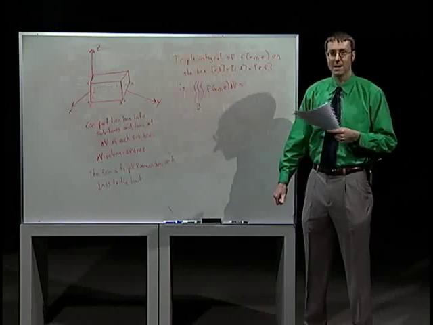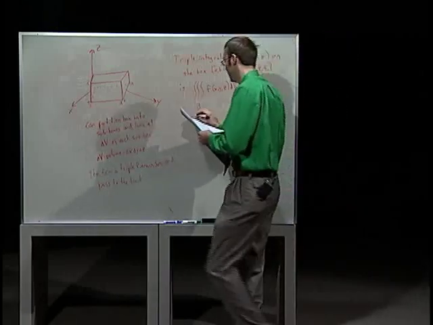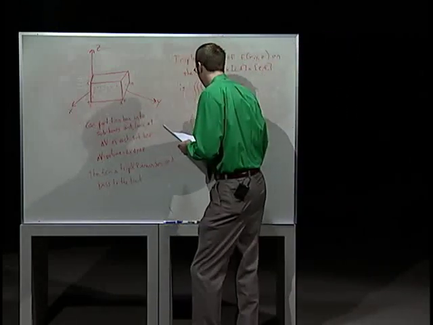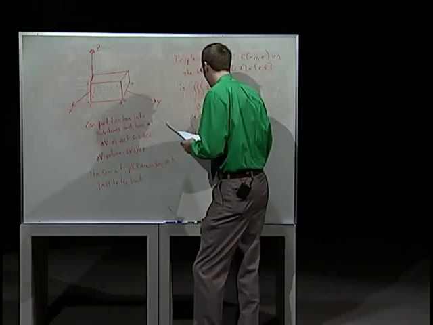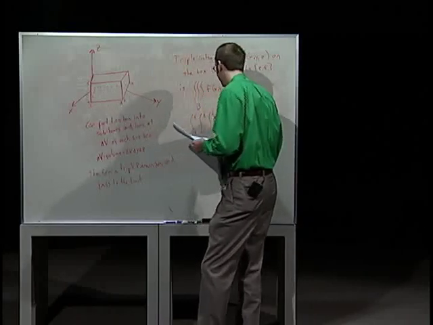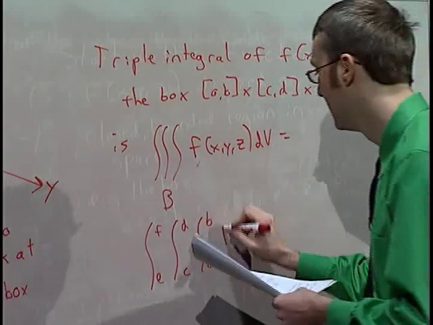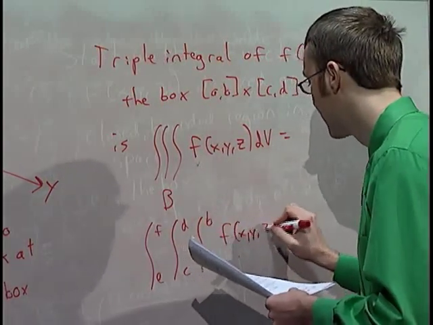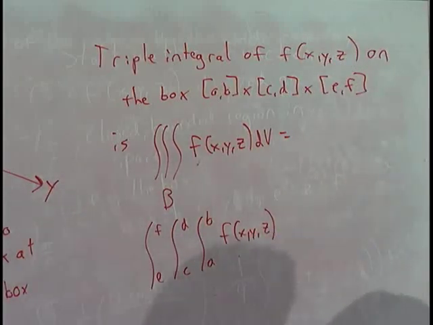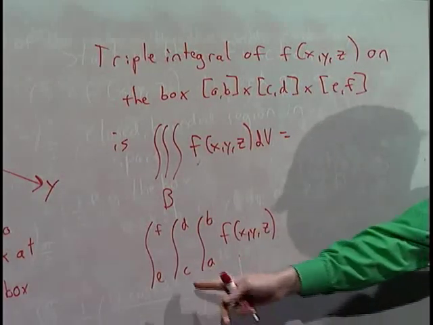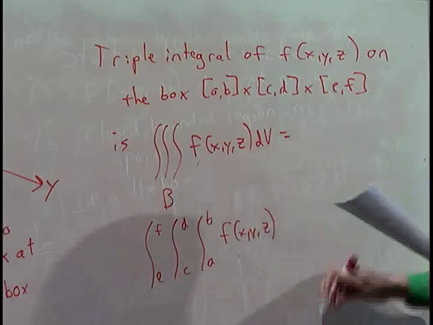as iterated integrals. Well, the same theorem applies here. This is just integral e to f, c to d, a to b. So these are just iterated integrals. There's z, there's y, there's x, f of x, y, z. And in this case, we're integrating with respect to x first, respect to y second, respect to z third.